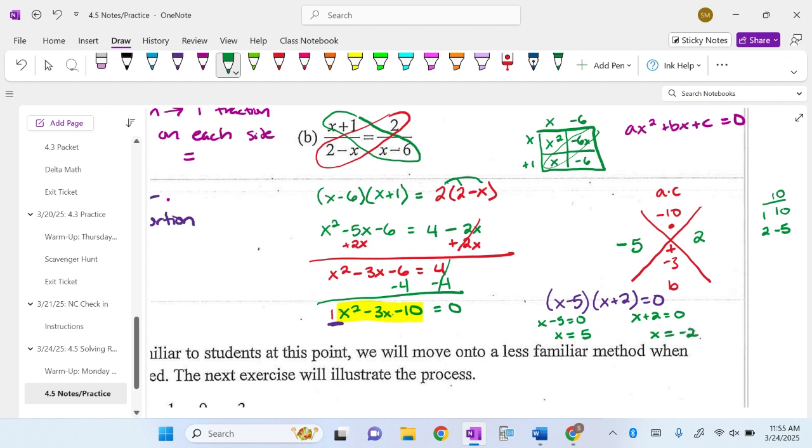Now, before I say that those two are my solutions, I need to check to make sure they're not what we call extraneous. Extraneous means that it's a solution that we get when we solve, but it doesn't actually work when we plug it back into the equation. All right? Or it makes the equation undefined. When it comes to fractions, what would make a fraction undefined?